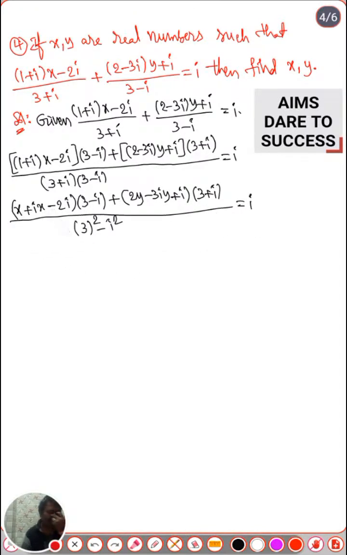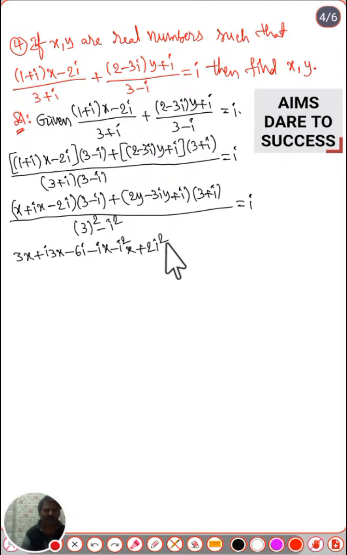Similarly again cross multiply, 3 into x is 3x, plus i into 3x, that is 3ix. Next, minus 2 threes are 6i. First 3 with these values multiply: minus i into 3i minus ix. Next plus into minus, minus i into i square x. Again same, minus into minus plus 2 into i into i square. Okay, completed successfully.